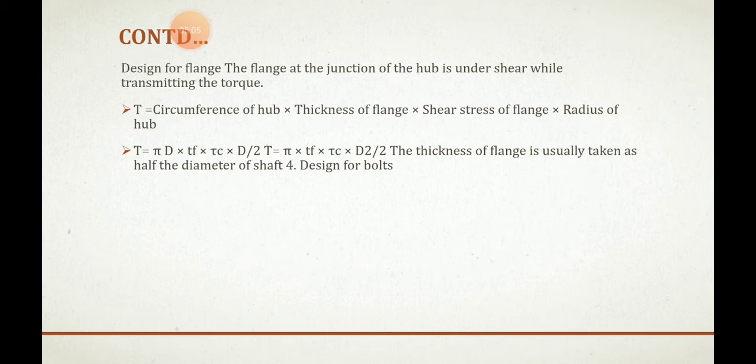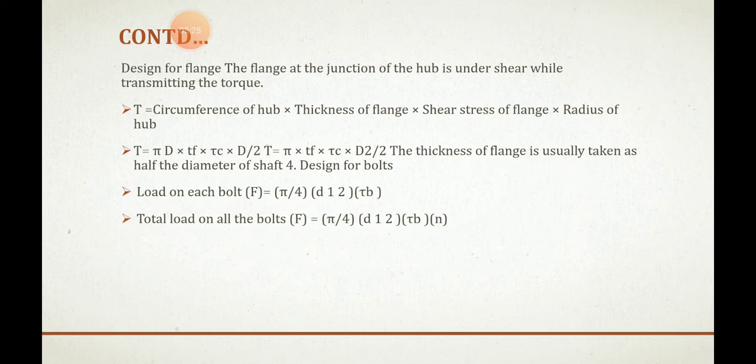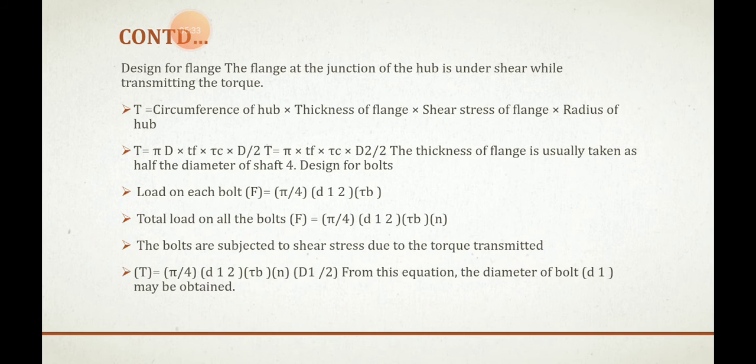We'll go for the design of the flange. T equals pi into D, that is the circumference of the hub, into tf, that is the thickness of the flange, into tau c, the shear stress, into D by 2, the radius of the hub. Next we'll go for the design of the bolt. This is the load on all the bolts.